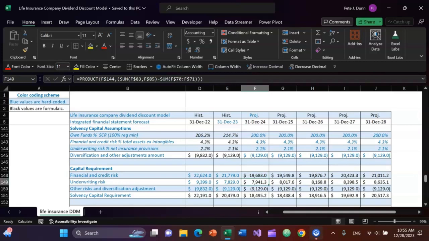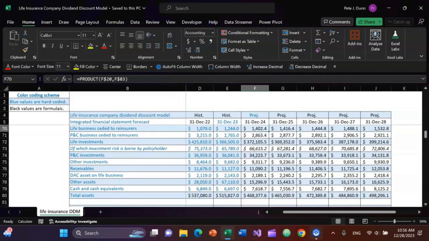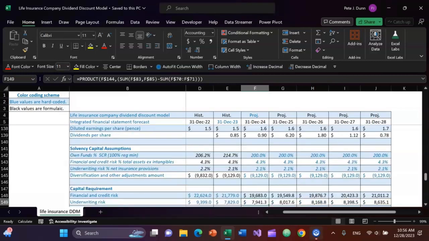Underwriting risk is going to be based on net insurance provisions, which are in rows 83 and 85, minus what's in rows 70 and 71. So that, again, is the parts that are ceded to reinsurance companies.